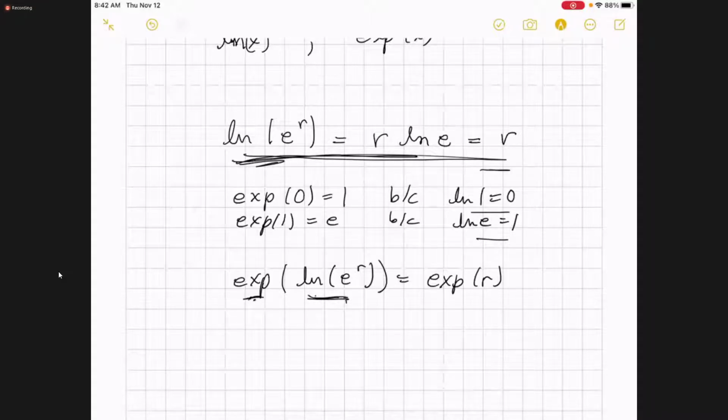I applied the natural log function to e to the r, and then I applied the exponential function. These functions are inverses of each other. So one undoes the other. So that says that e to the r is exp of r.